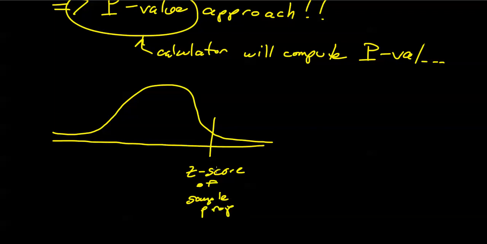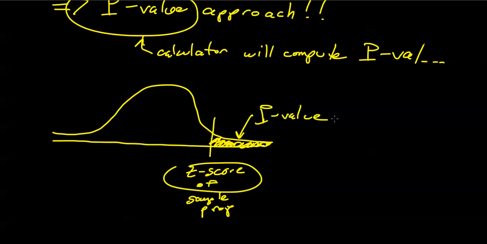This z-score will determine an extreme right area in this diagram, and this area is called the p-value. Well, it's easy to see that extreme z-scores lead to small p-values.